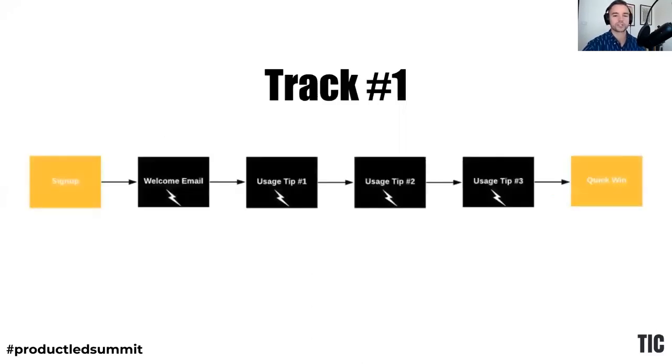And so what this track looks like from an email onboarding perspective is you have 2 types of emails. As soon as someone signs up to the product, boom, we fire off a welcome email that says, welcome to the product, and here's a few resources that might help you get started. And maybe ask them a question like, why did you sign up for the product?